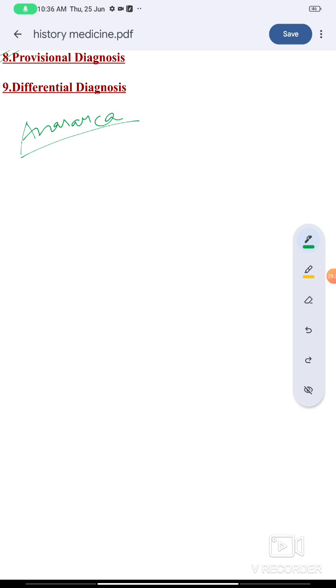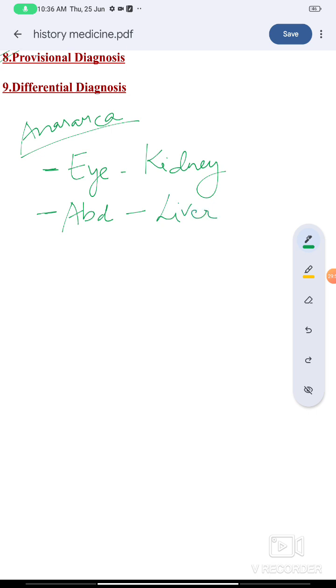Now, if the swelling appeared first in the eye region, that is the periorbital region, it points towards kidney disease. If the swelling appears first in the abdominal region, it is most likely to be associated with liver disease.